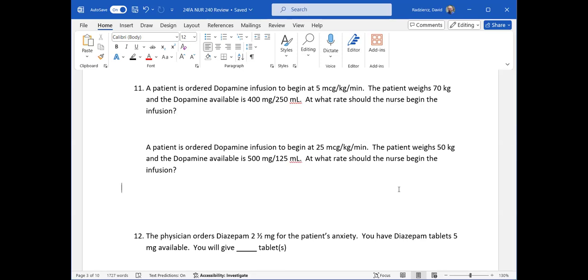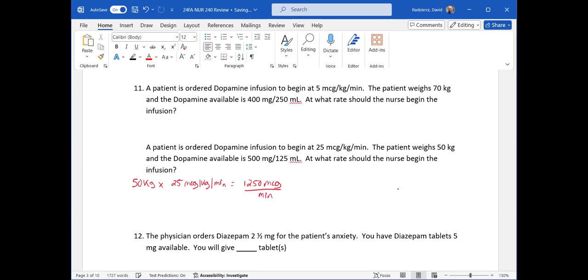So I'm going to take my 50 kilograms times the 25 micrograms per kilogram per minute. And that's going to give me 1,250 micrograms per minute.